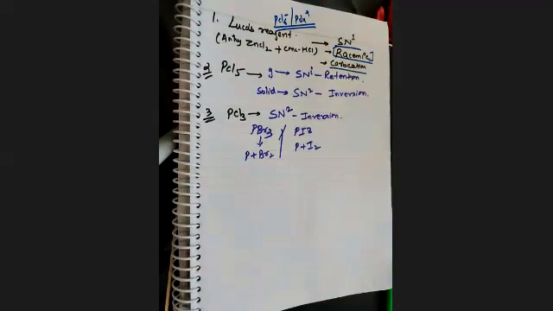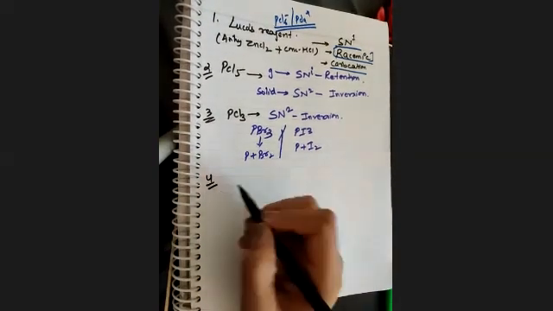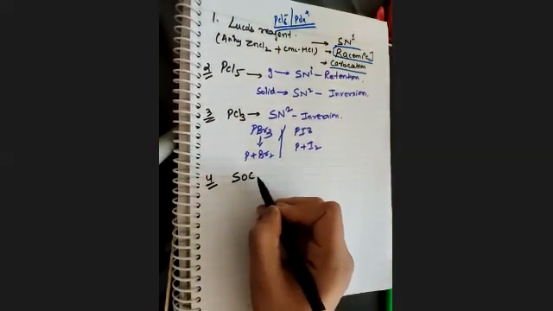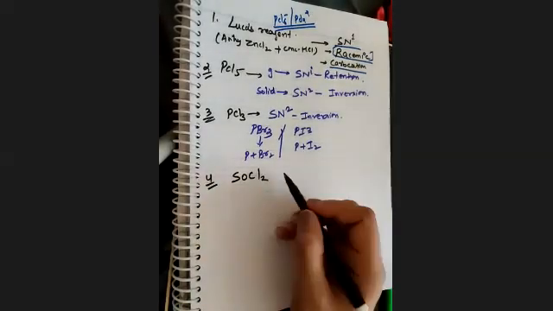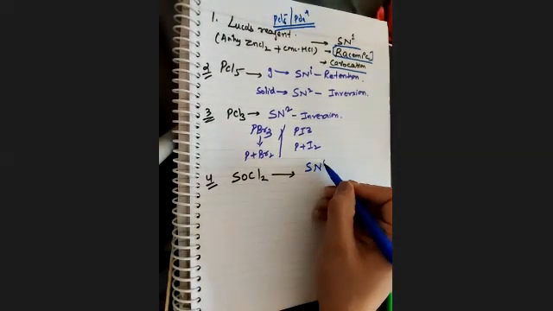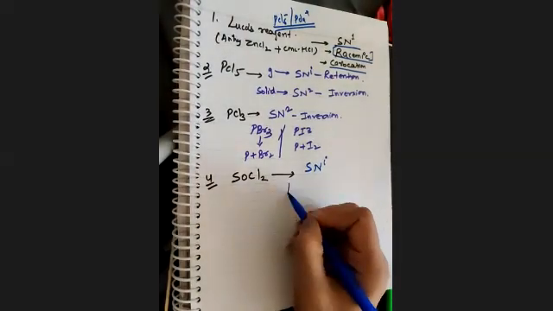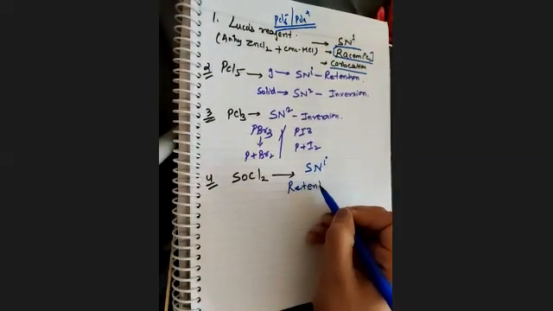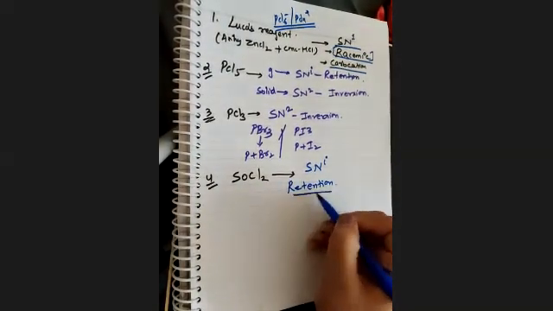Clear? And the next and final reagent was SOCl2. SOCl2, just now we have done this thing. In SOCl2, which type of reaction is this? SNi type of reaction, and the product will be with retention.